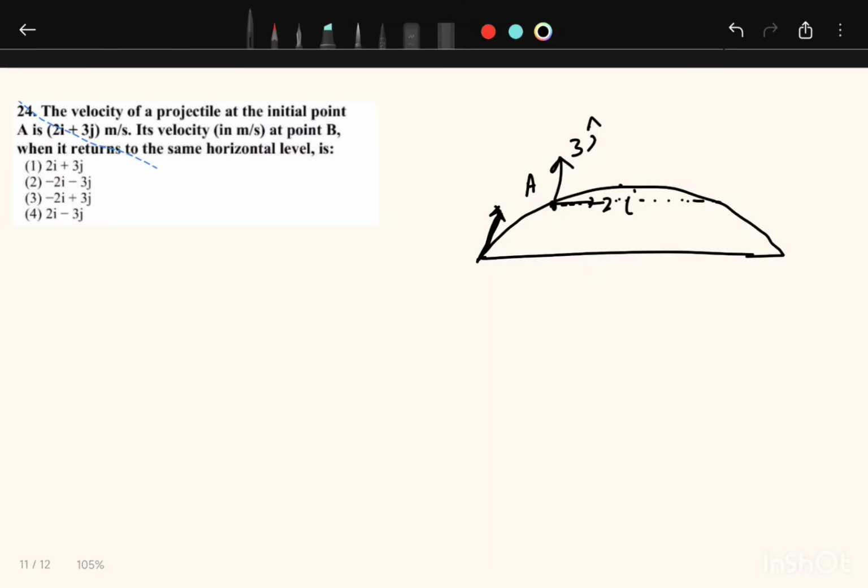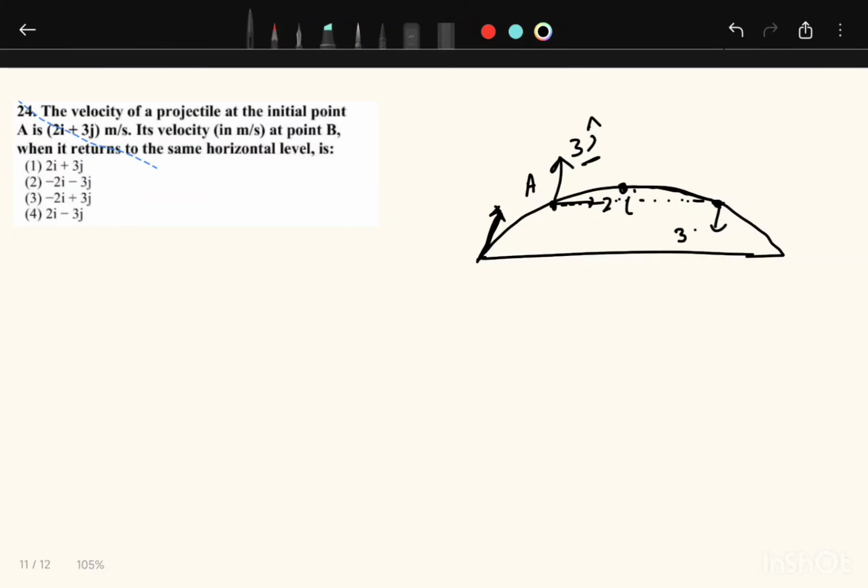When your particle, after reaching the maximum height, comes downward, there will be a point where the horizontal level will be the same, right? So at this point, I already told you in the previous question that the velocity vector in the y direction will be downward while returning back to the ground. So here your velocity vector in y direction will be opposite to the initial one.